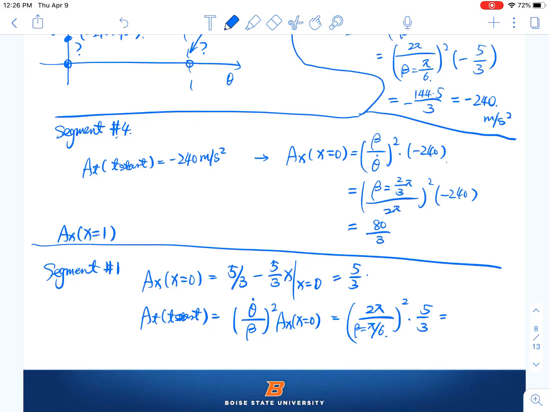That's going to give you positive 240 meters per square second. So that means your ax at x equal to 1 equals beta over theta dot square times 240. Oh, sorry, I forgot a negative sign. That's going to give you 80 over 3 positive.